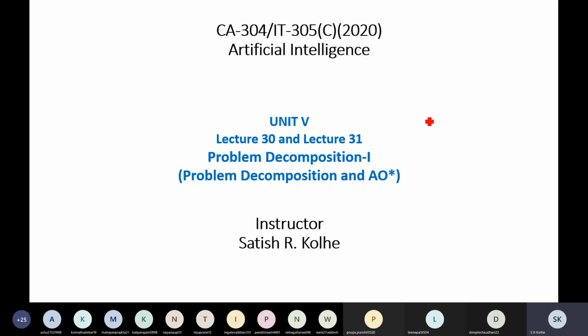We have been discussing heuristic search techniques. In this unit number 5, which we are going to start from today, we will be discussing two major algorithms, the AO* algorithm and the RETE matching algorithm. Such algorithms are used for solving complex problems. To solve complex problems, one technique widely used is problem decomposition, or divide and conquer.